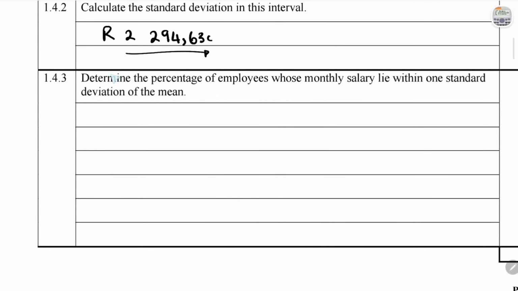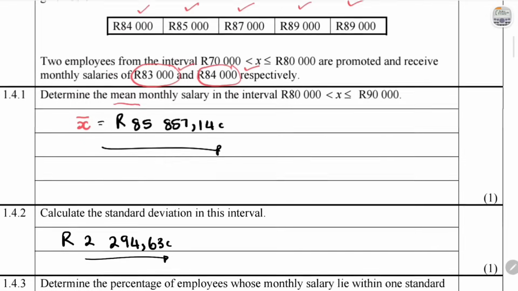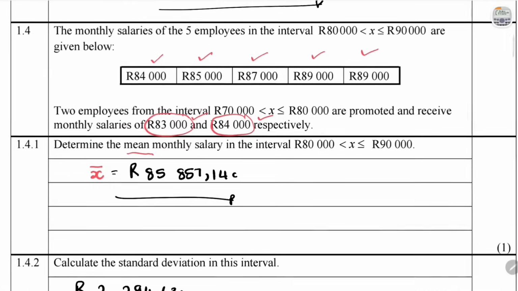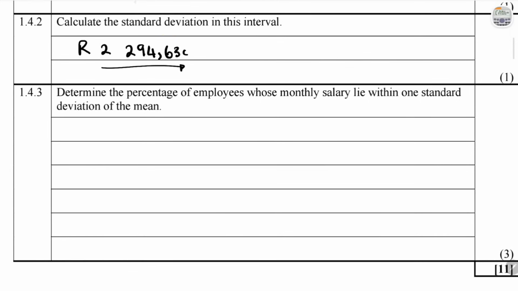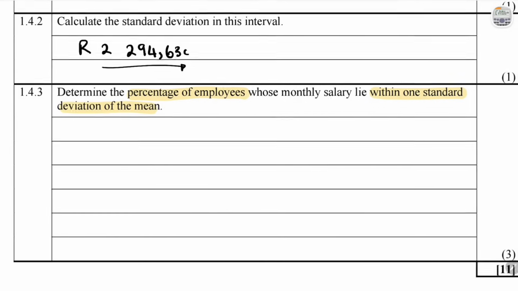Question 1.4.3 says, determine the percentage of employees whose monthly salary lie within 1 standard deviation of the mean. Okay, so again, concerning these 7 employees that we're referring to. So we will need to find out what within 1 standard deviation of the mean looks like.